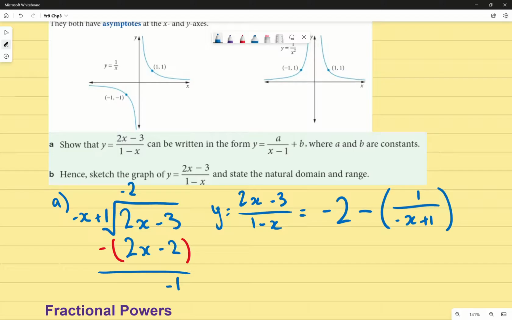So it's the remainder divided by what we're dividing by. And we end up with negative 2 minus, or it could be plus the negative of, 1 over negative x plus 1. I'm going to rearrange that. We get negative 1 over negative x plus 1 minus 2. Sweet, are we done? Why not?